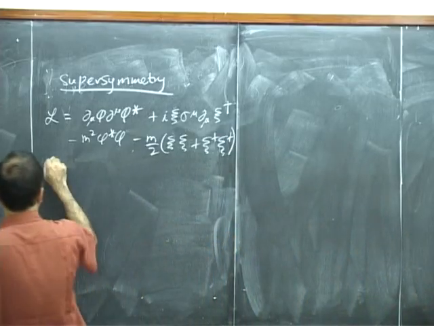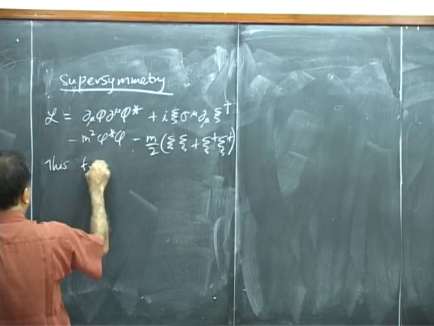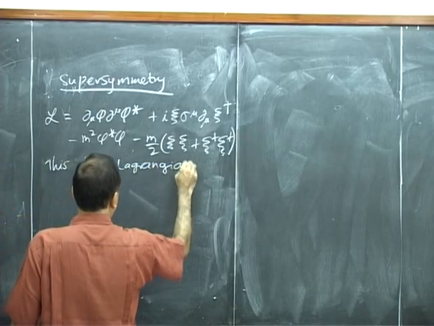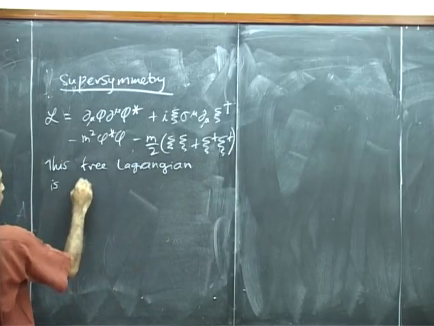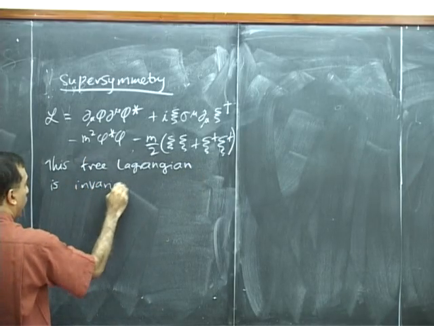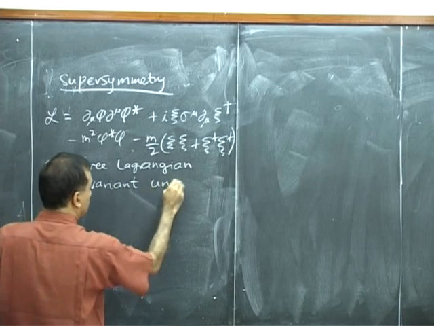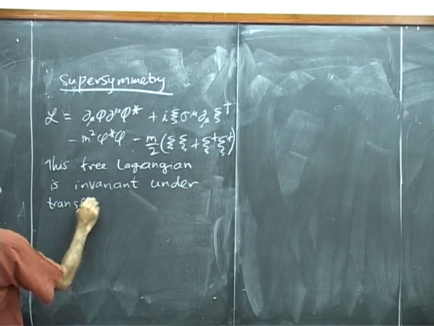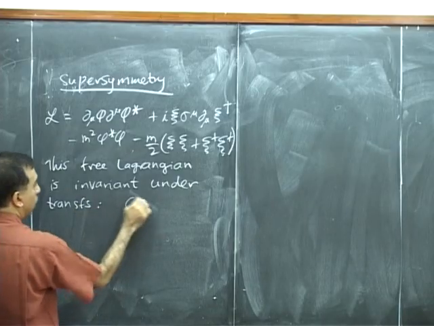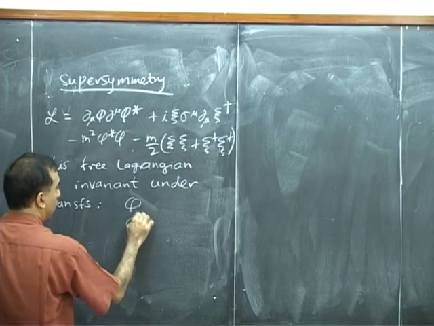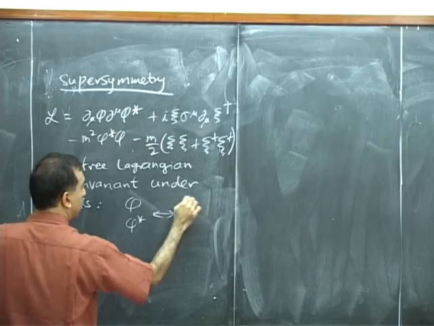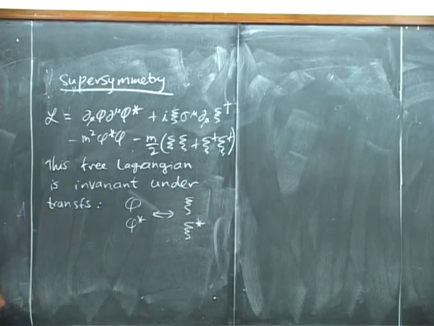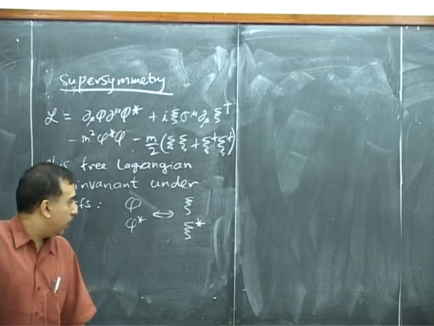Now this free Lagrangian is invariant under some transformations of the type where phi and phi star get interchanged with psi and psi star. Now, interchange is not a very good word.